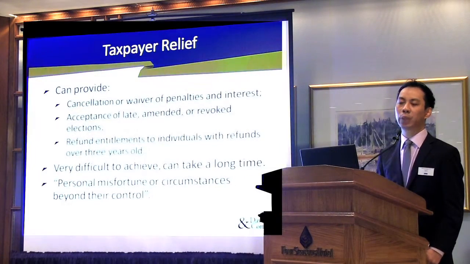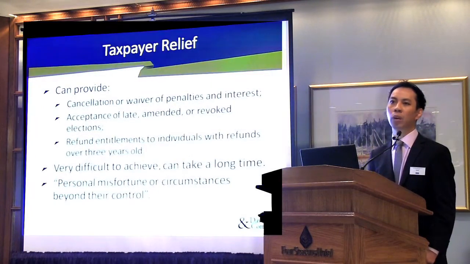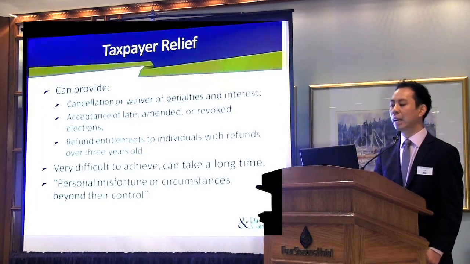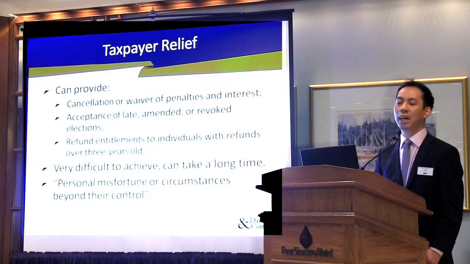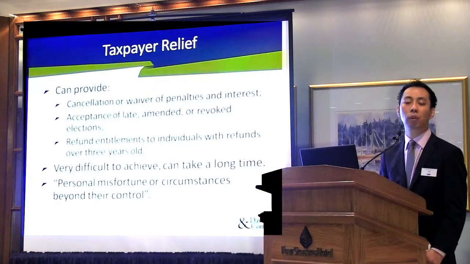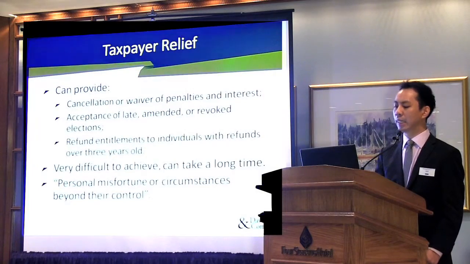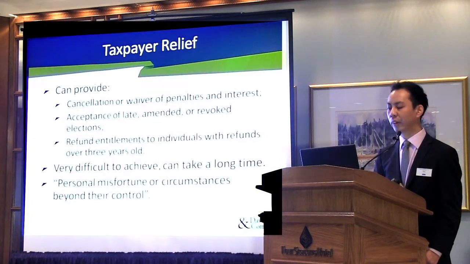It's usually in a situation where you're not eligible for the VDP, or you're just offside completely. You're basically now asking the CRA, or just begging them, to cancel the interest or the penalties on some filings, or you're asking them to accept late, amended or revoked elections. And it also allows individuals to get refunds beyond the normal 3-year period.